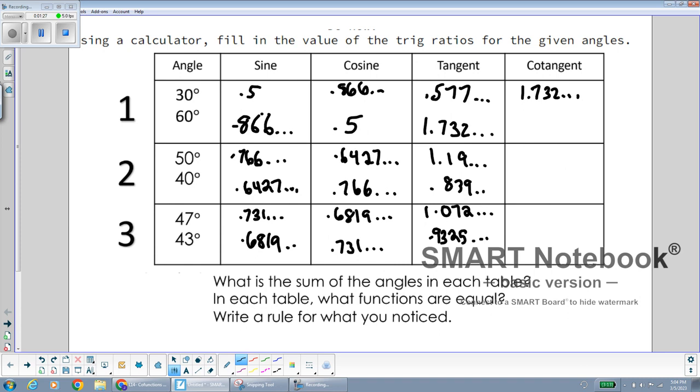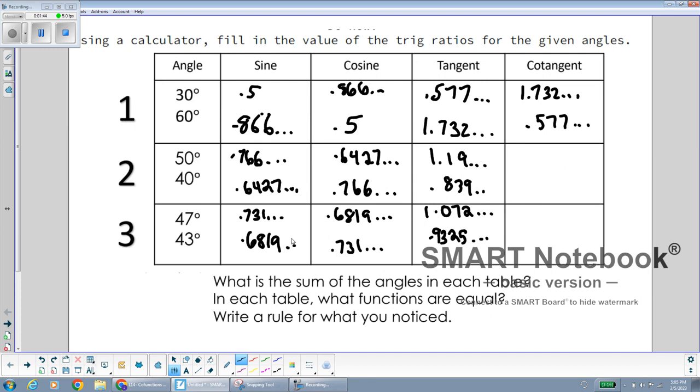And if I type in 1 divided by tangent of 60 degrees, I get 0.577 and continued.